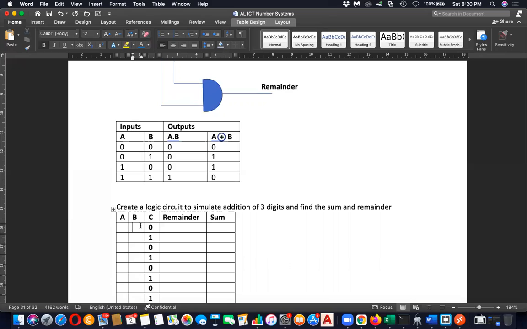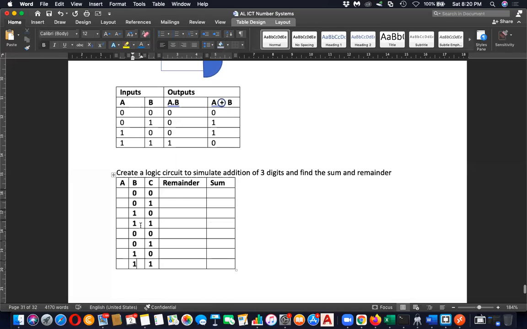Then here 00, 11, 00, 11. Here also 4 zeros, 4 ones.